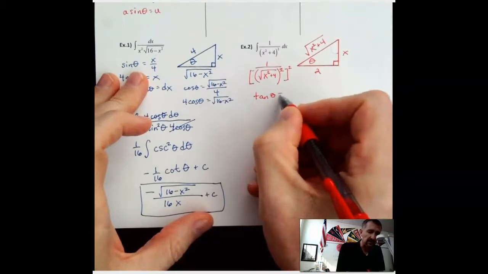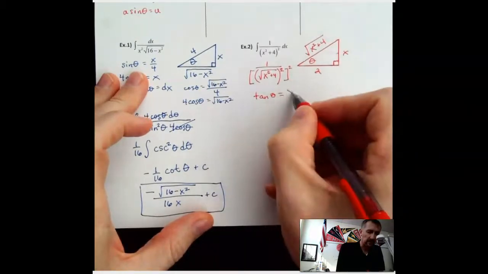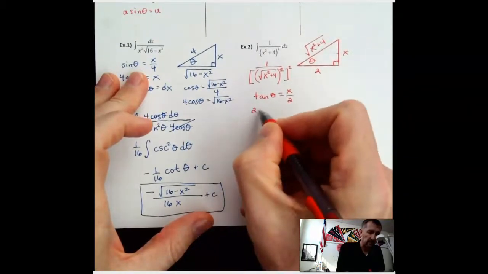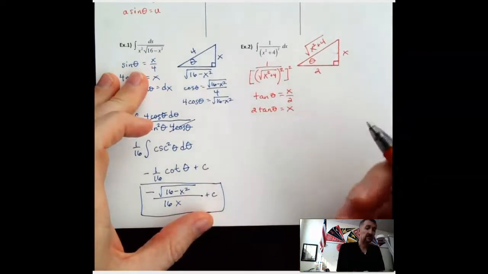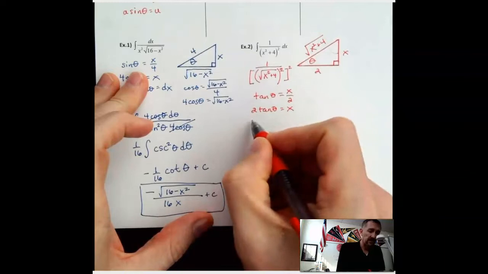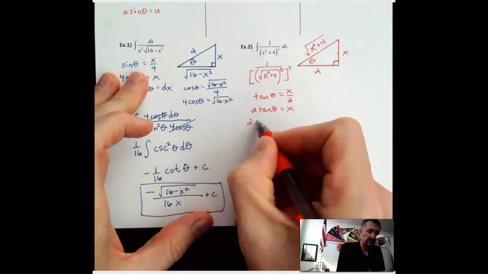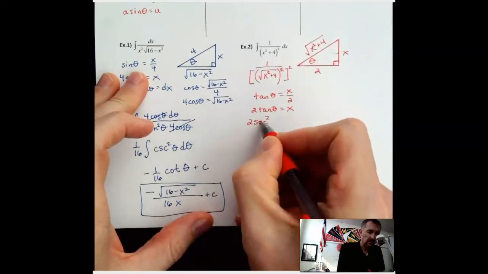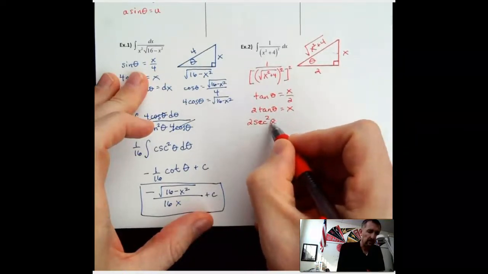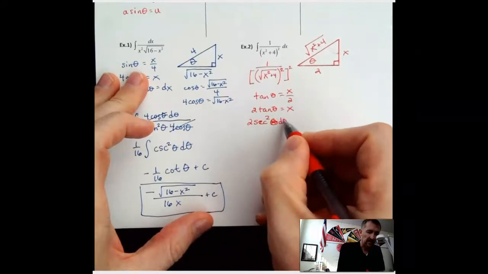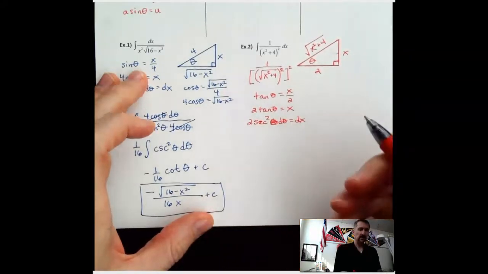So the tangent of theta equals x over 2. So 2 tangent theta equals x. So we take the derivative of that. The derivative of tangent is secant squared. So secant squared d theta equals dx.